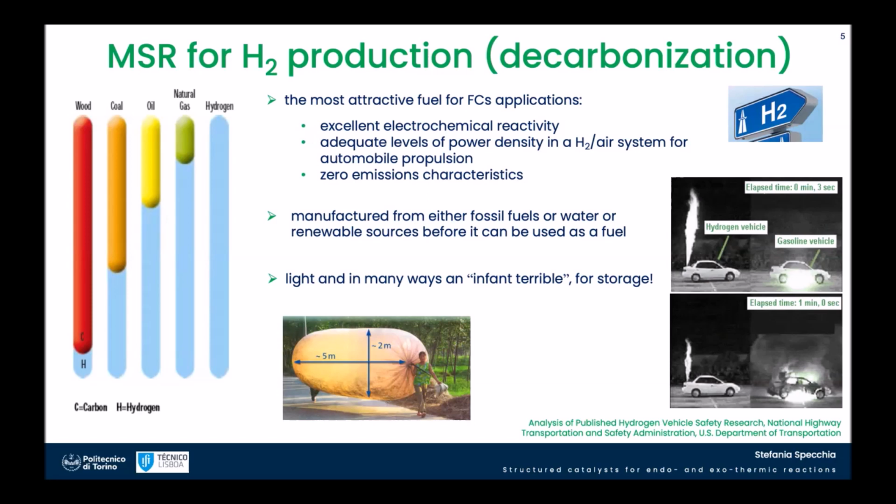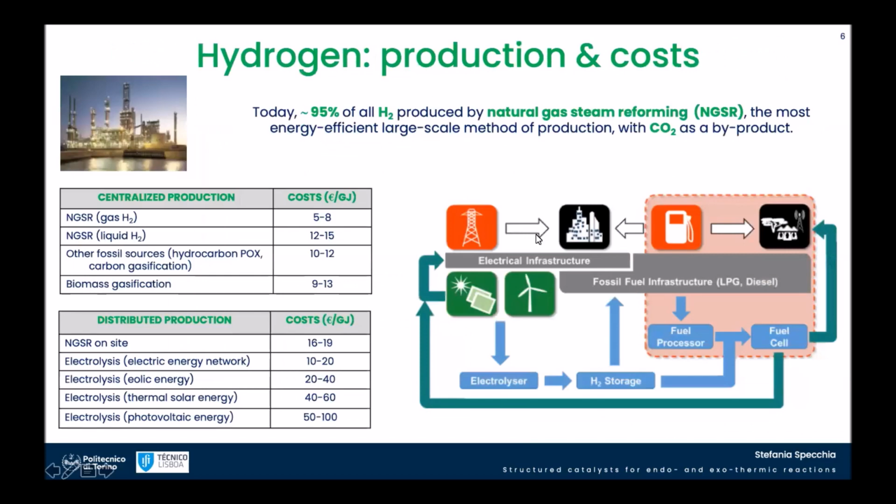So anyway, the important thing is to be aware of the problems and to know how we can deal with them. Actually, most of the hydrogen, let's say 95% of the hydrogen used mostly in industry, is produced by natural gas steam reforming. And this is for sure the most efficient way to produce hydrogen. The problem is that we are producing also carbon dioxide, and so we need to sequester it.